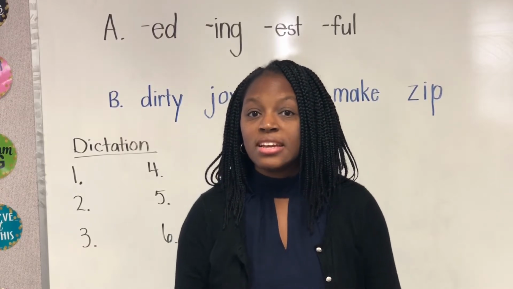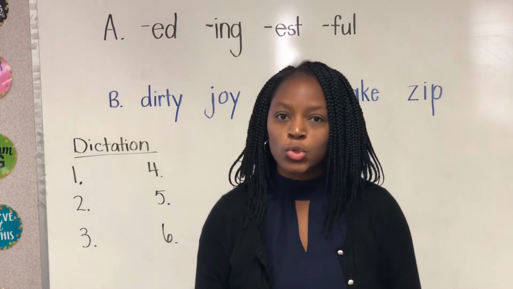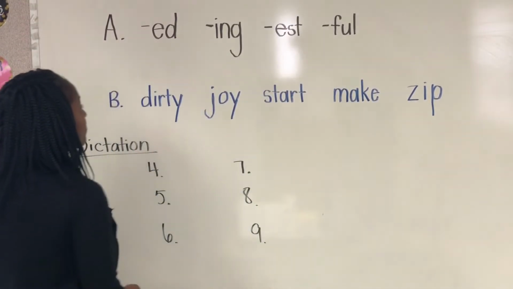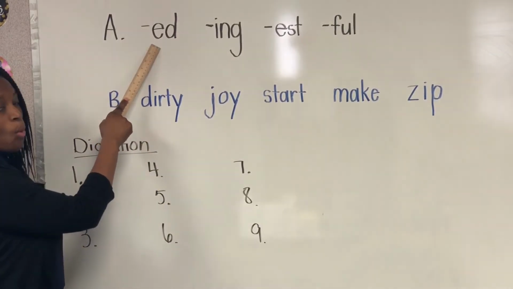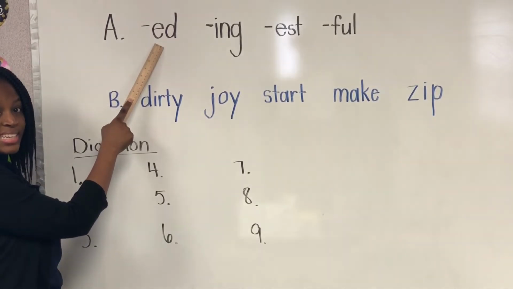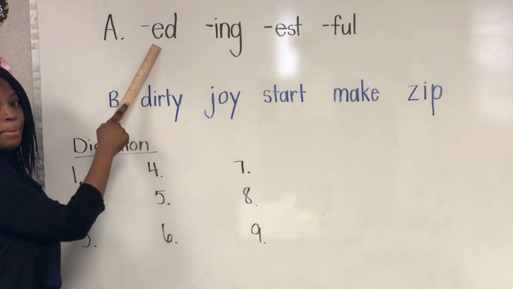Boys and girls, let's take a look at our board as we review adding suffixes to our root word. We have the suffix ed in wanted. Ed makes three sounds. It says ed in wanted, t in looked, and d in played.